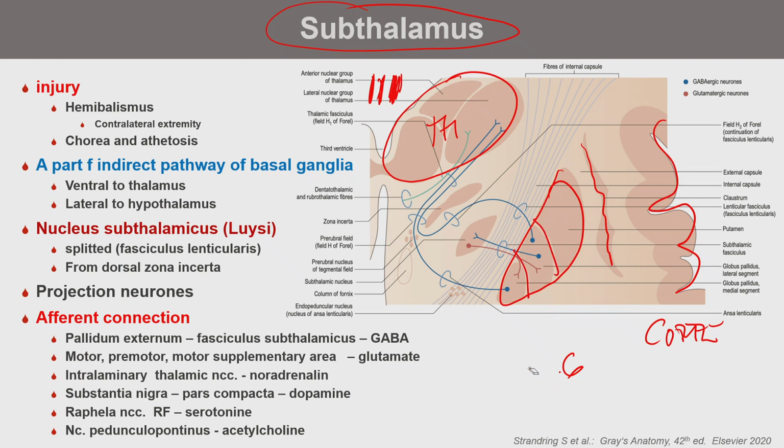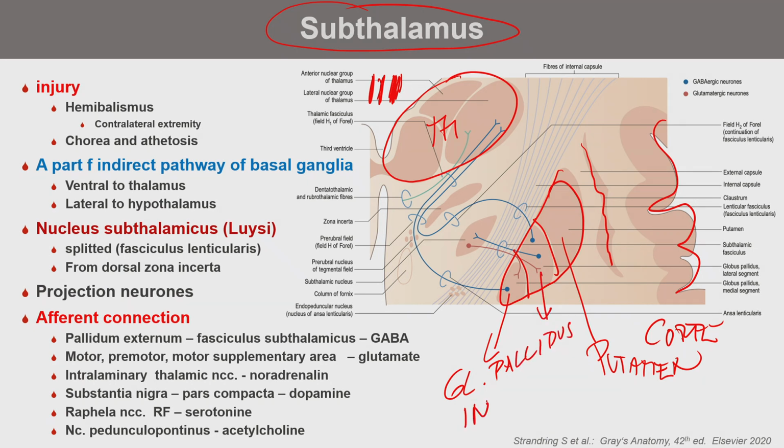This is a putamen, and here we have parts which are called globus pallidus, and this is internal and external.